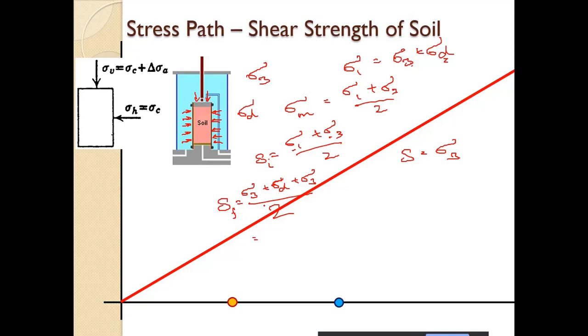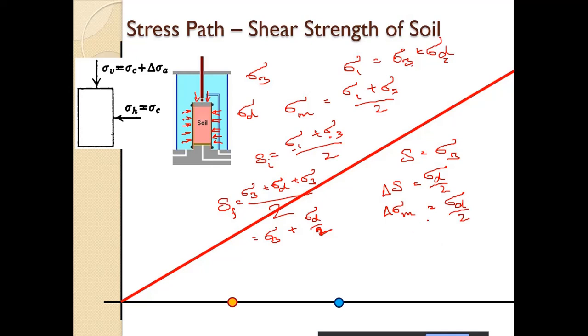If I take this out, we have sigma 3 plus sigma d by 2. So what is delta S or delta sigma m? That is equal to final minus initial, so sigma 3 gets cancelled, and we have delta S is equal to sigma d by 2.